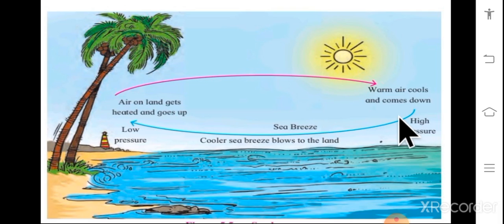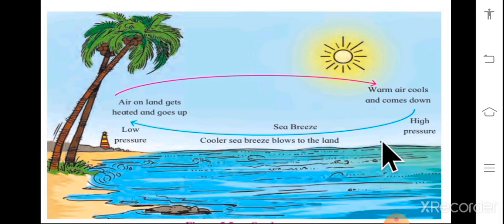So what happens? The wind blows from the high pressure to low pressure. Yes. So this blue line shows wind is blowing. So cooler sea breeze blows to the land, and the air on land gets heated and goes up, and again warm air cools and comes down.